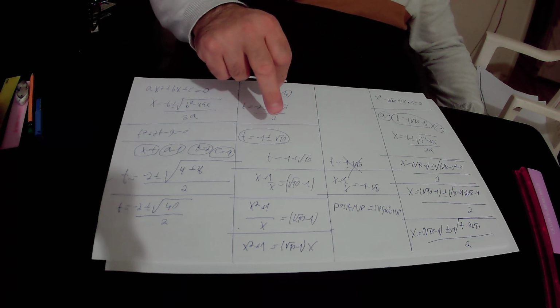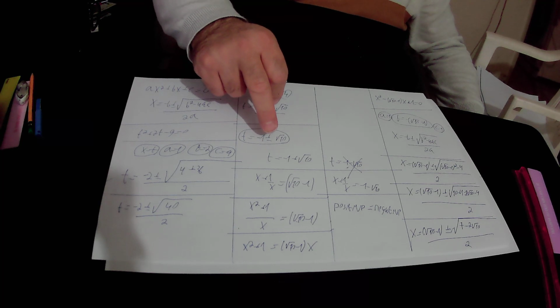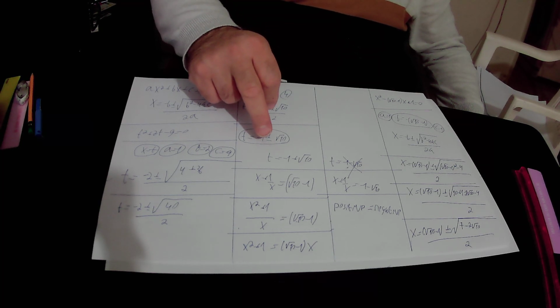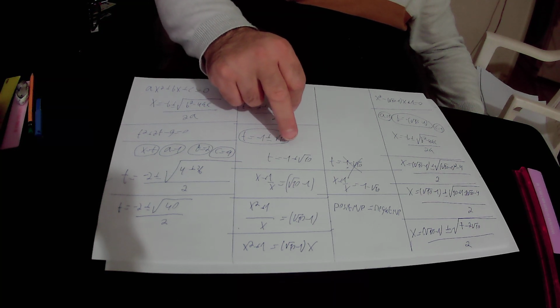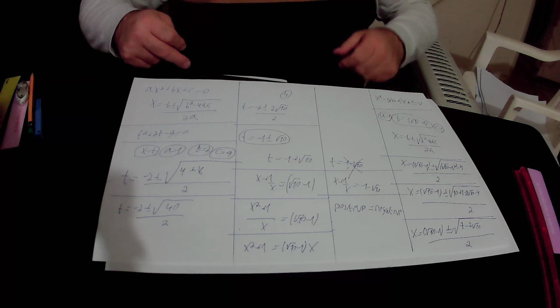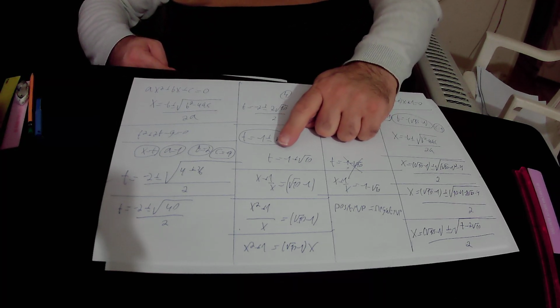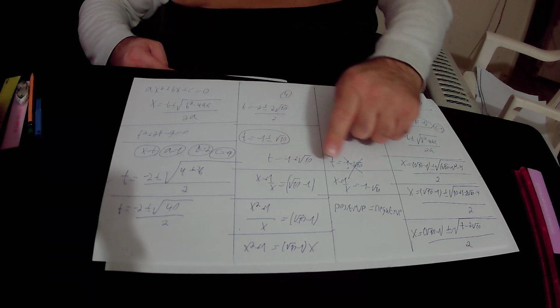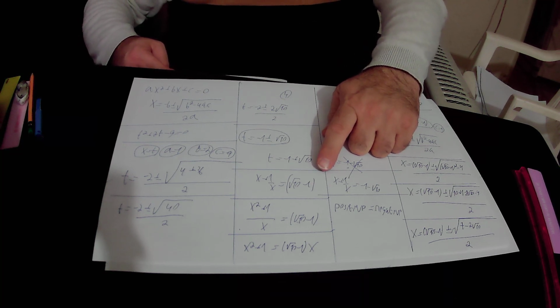We have only one solution to the question for this quadratic equation, that is t equals to minus 1 plus square root of 10. t is x plus 1 over x according to our definition, so we substitute t by x plus 1 over x, and we got that x plus 1 over x equals to square root of 10 minus 1.